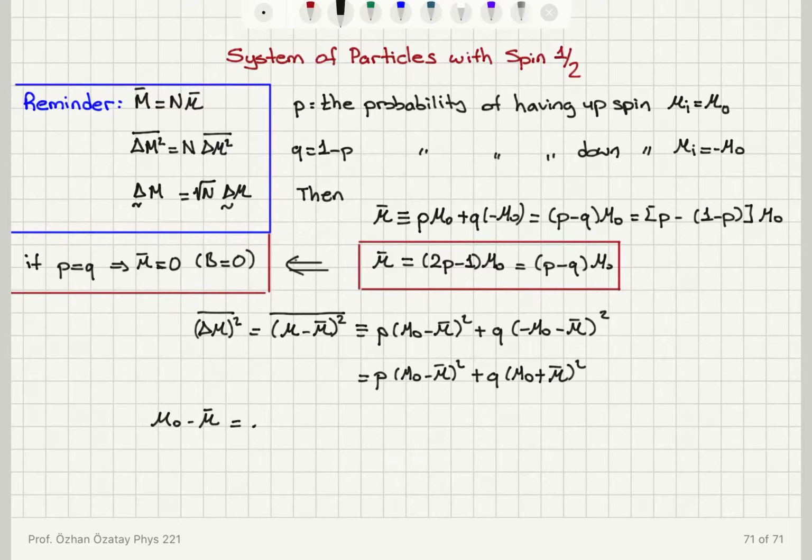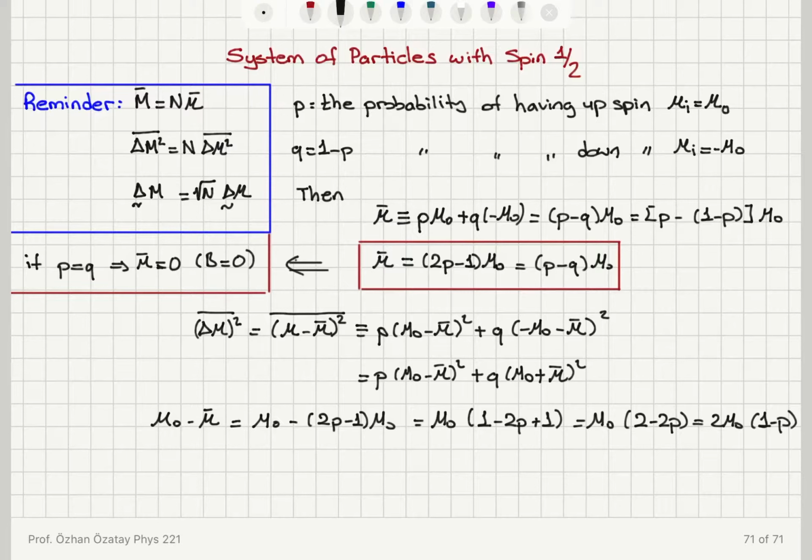Okay, so what I need to consider is what is mu 0 minus mu bar. Well, it is mu 0 minus (2p minus 1) mu 0, because mu bar was (2p minus 1) times mu 0. So that means in mu 0 parentheses I have here 1 minus 2p plus 1. So that is going to give me mu 0 times (2 minus 2p). That is 2 mu 0 times (1 minus p). 1 minus p is q.